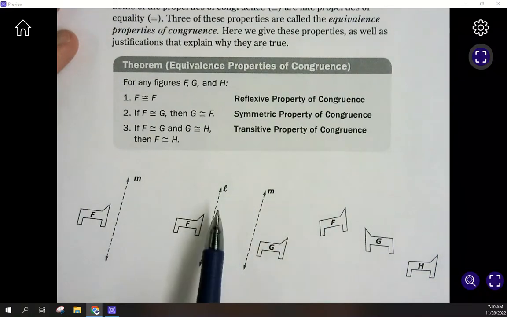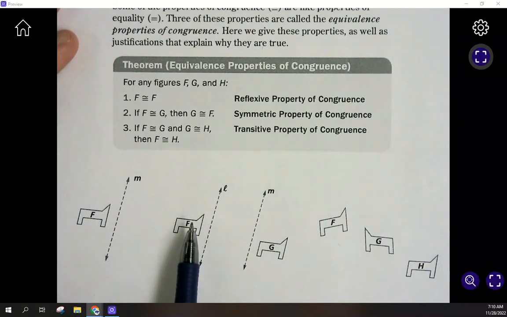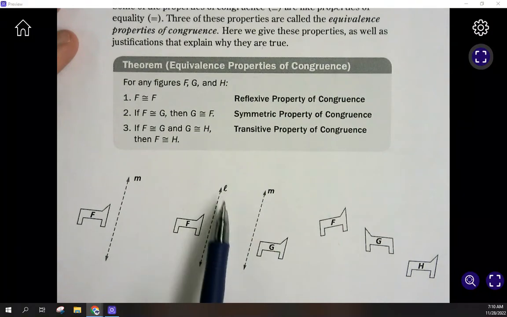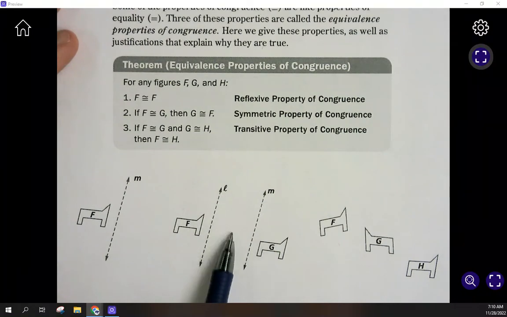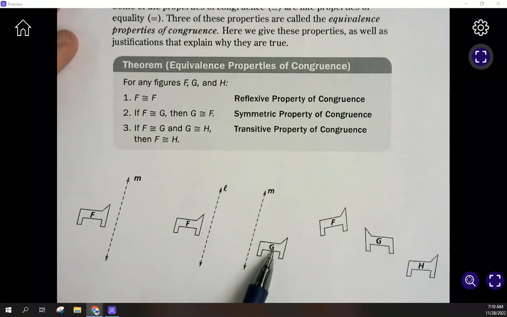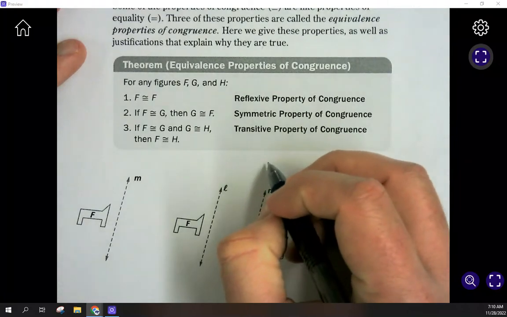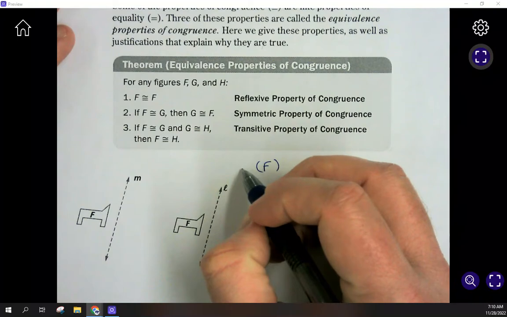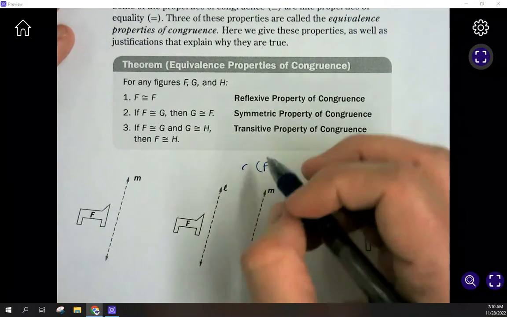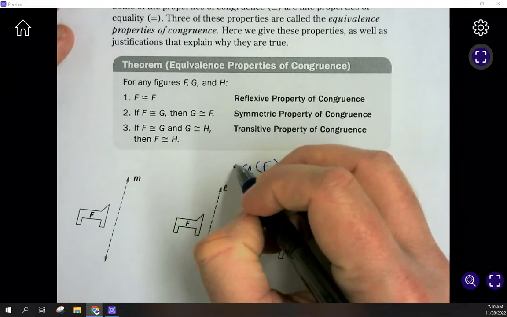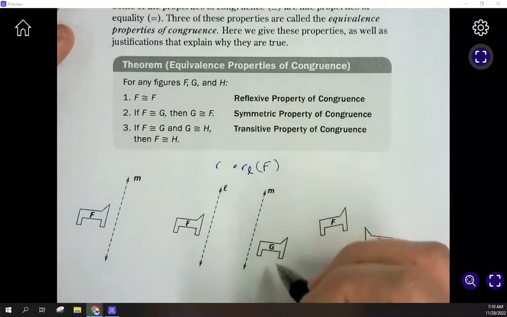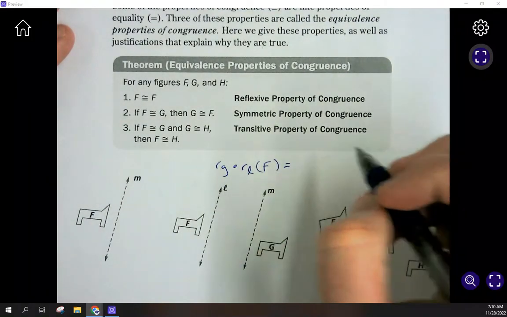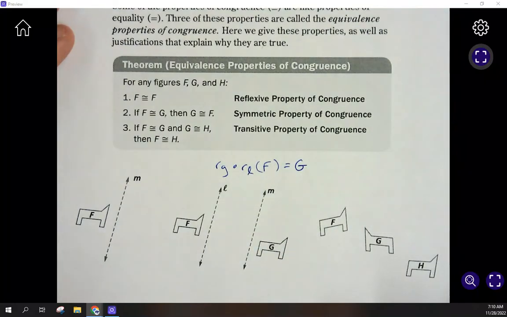Okay, symmetric property. If I take F and I reflect it over line L, and then I reflect it again over line M, I could end up at G. So it's possible that if I took F and reflected it starting with L, and then over M, that could equal G. And the reverse is also true.